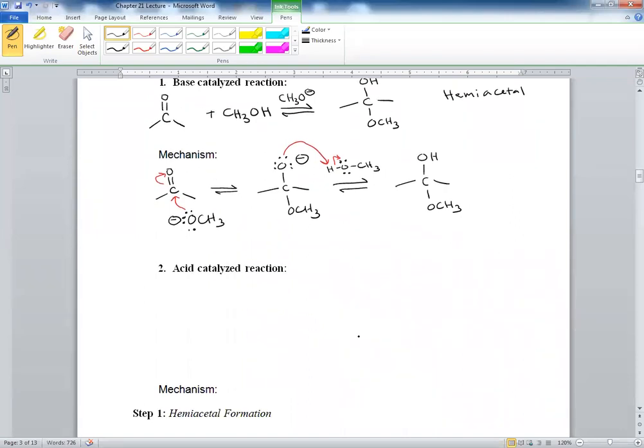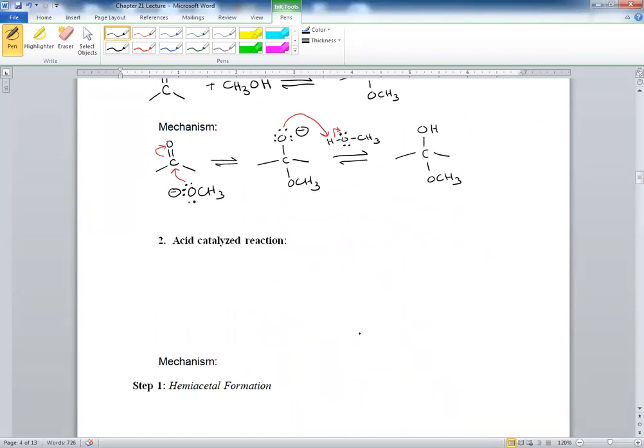Now let's look at the acid catalyzed reaction. Once again, pick up patterns from what we did before, where we had an acid catalyzed addition of water, hydration reaction. Mechanism will be very, very similar. Again, the only difference is you have now an OR group attached versus an OH group.